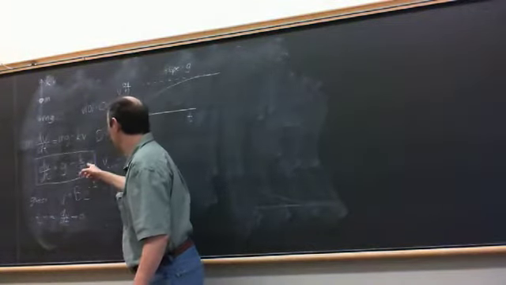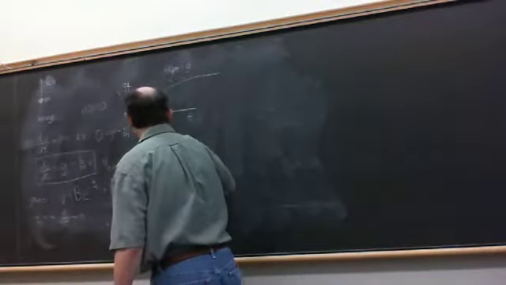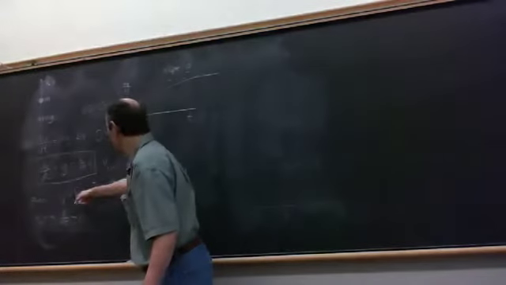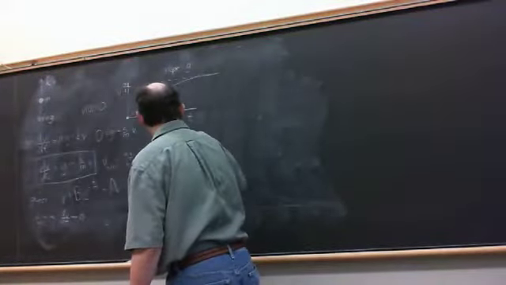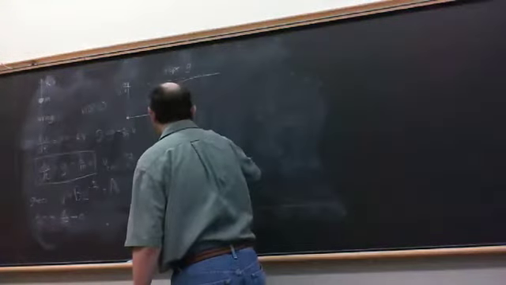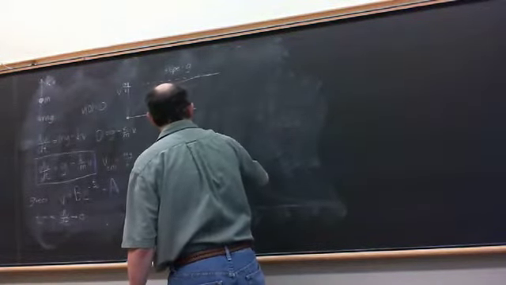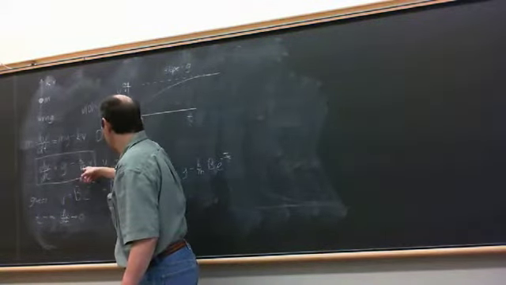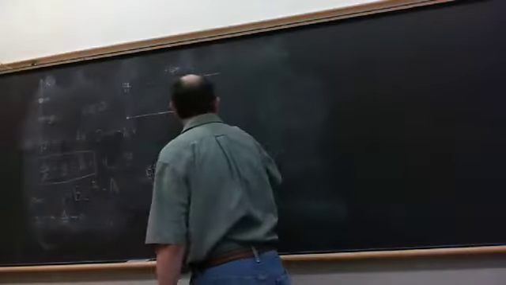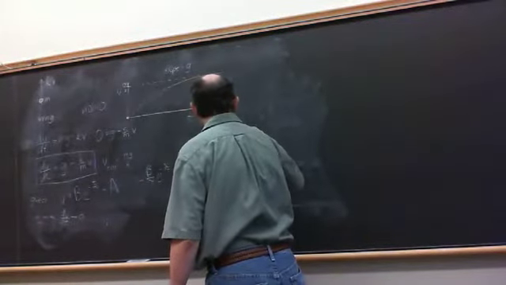I just plug v in here. So I'll get g minus, in the first term, k over m b times the exponential, e to the minus t over tau. And the second term still has the minus sign and the k over m times a: minus k over m a.